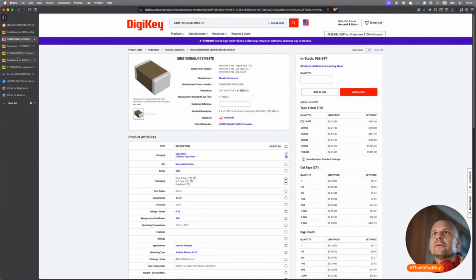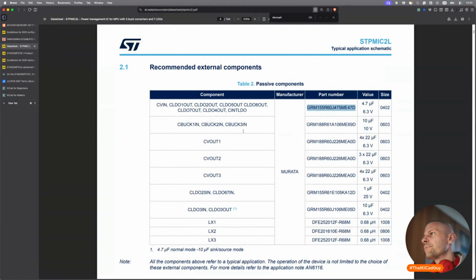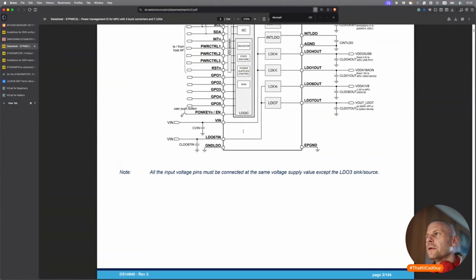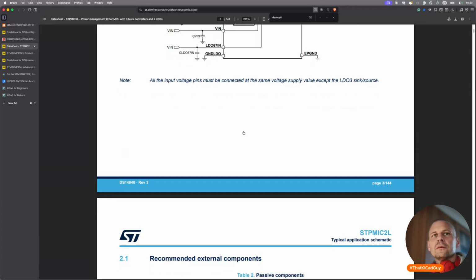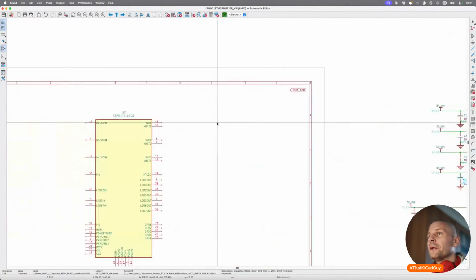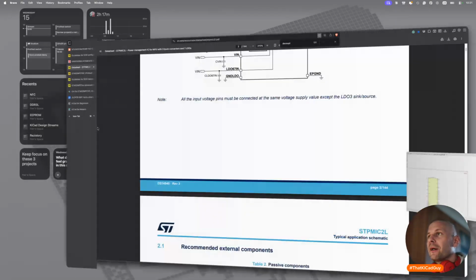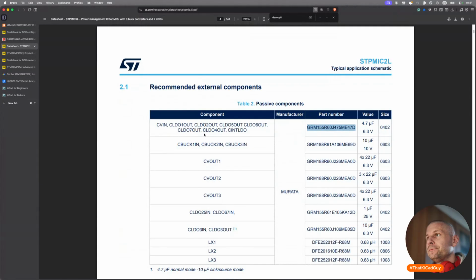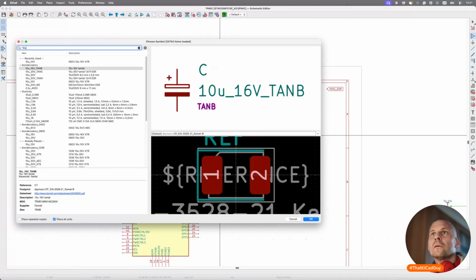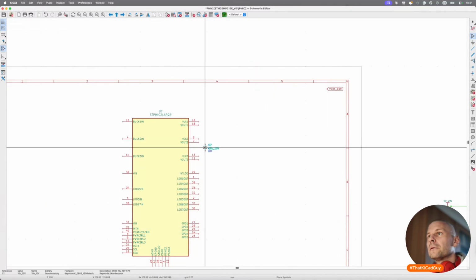Okay, CVIN, it's readable. So let's start from the beginning. At the beginning is buck 1 in. Buck 1 in has 10 micro to 10.